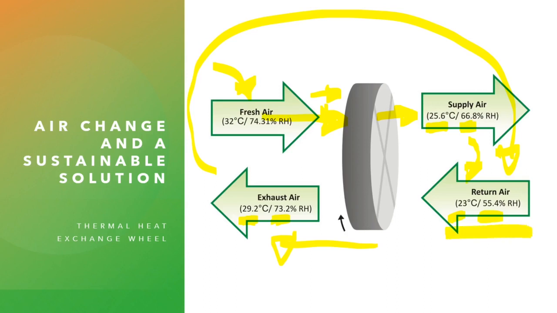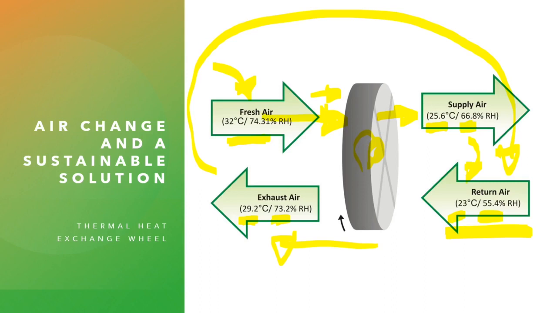It traps some of the energy from here in the wheel, so that when it draws the fresh air in, top left corner here, when it draws the air in from here, there's enough energy inside the wheel itself to heat. Let's suppose it's 15 degrees that comes in from fresh air, and by the time it comes in as supply air, it's heated up to say 19 degrees.